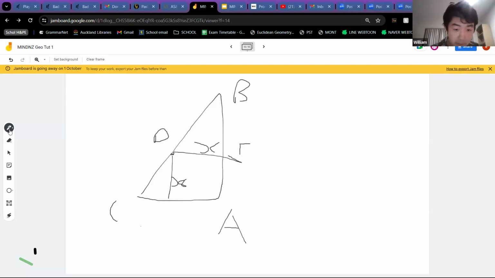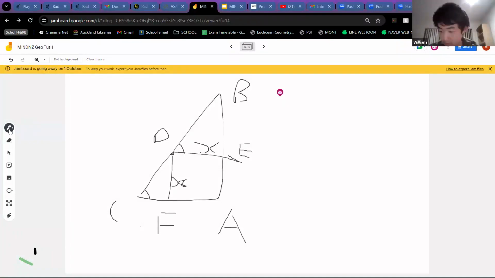So angle BDE is equal to angle DCF because DE is parallel to CA. And then we also know that DFC and BED are 90 degrees. So by the AAA condition, we know that these are similar. So we can form a relationship here.